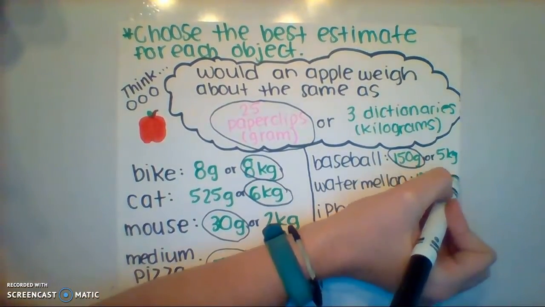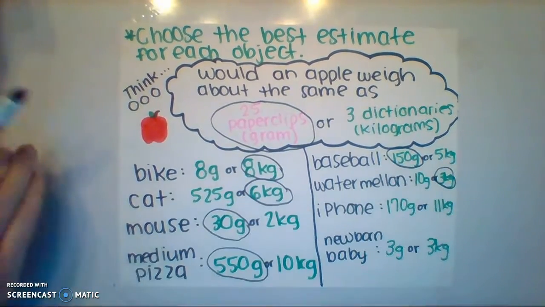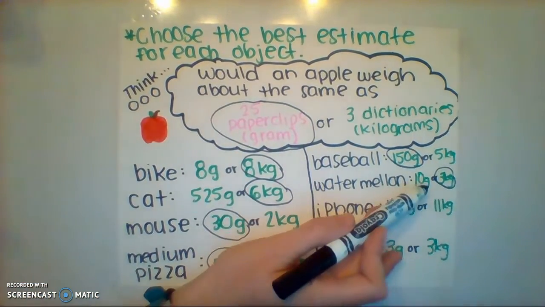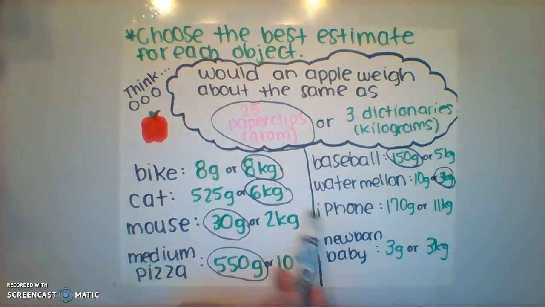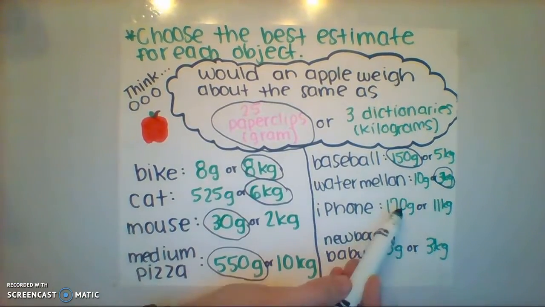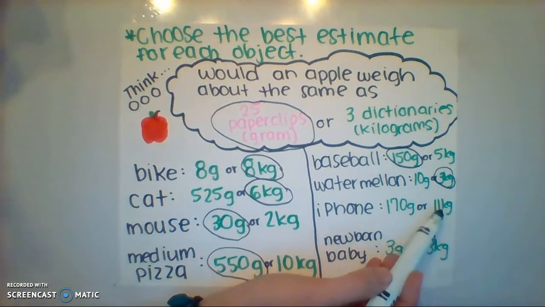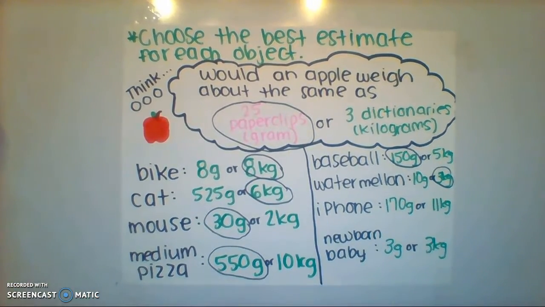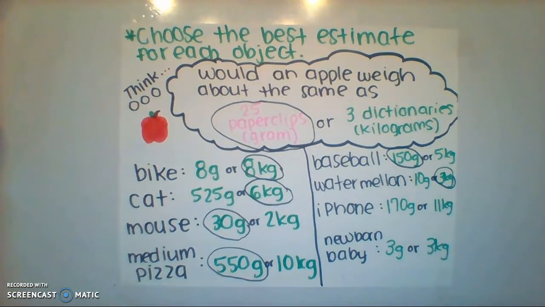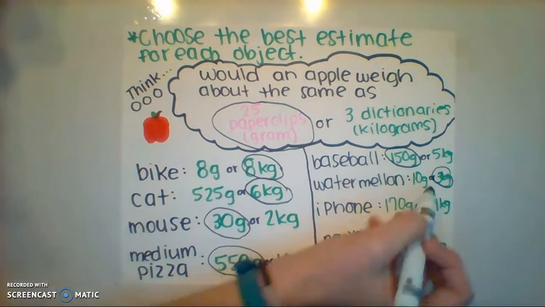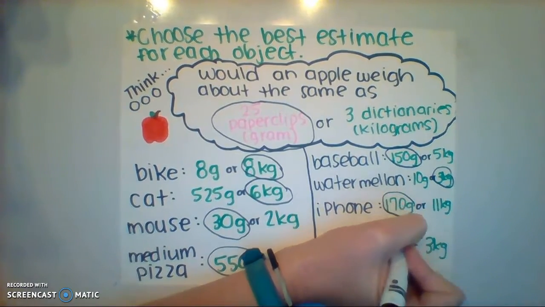It would be 3 kilograms, about 3 dictionaries instead of 10 paper clips. What about an iPhone? We have 170 grams or 11 kilograms, meaning 11 dictionaries. It would be 170 grams.